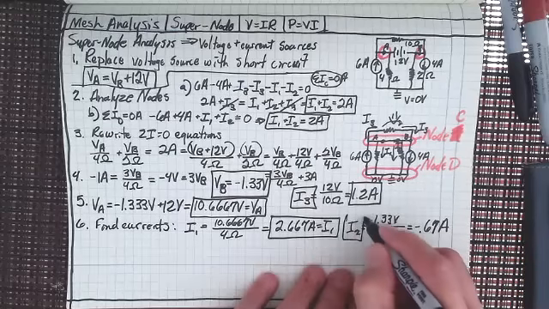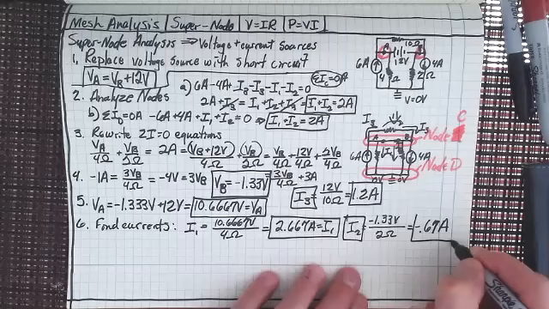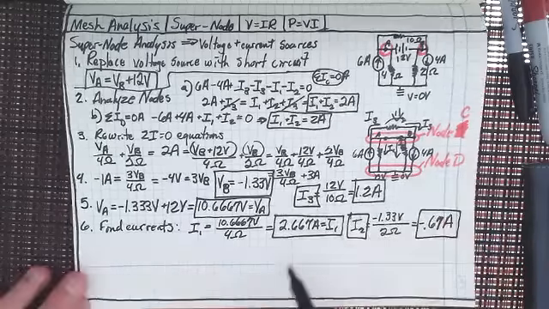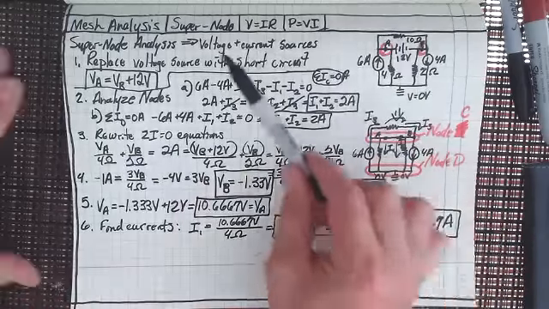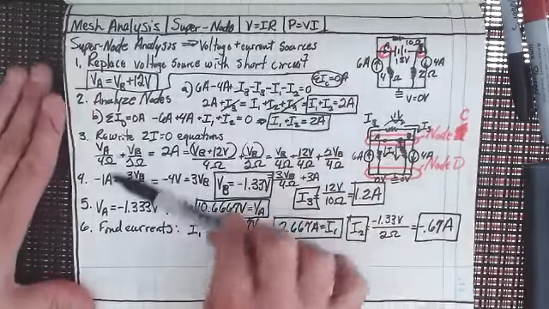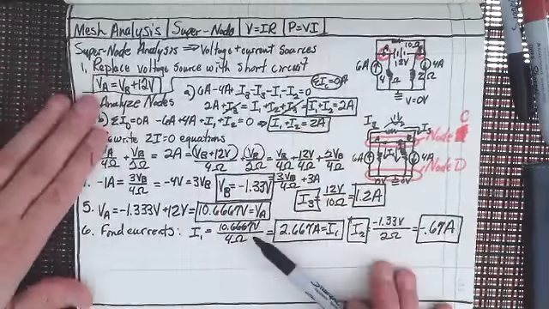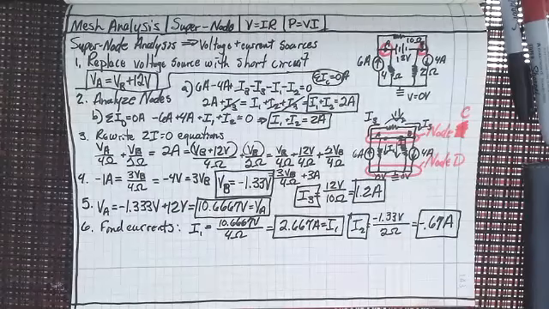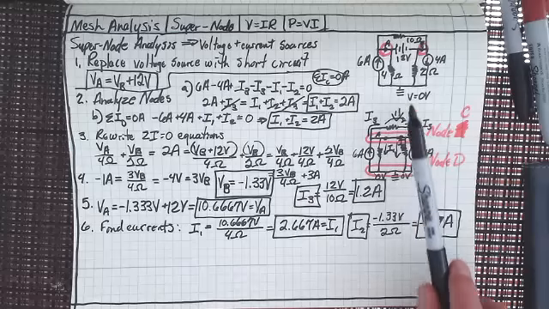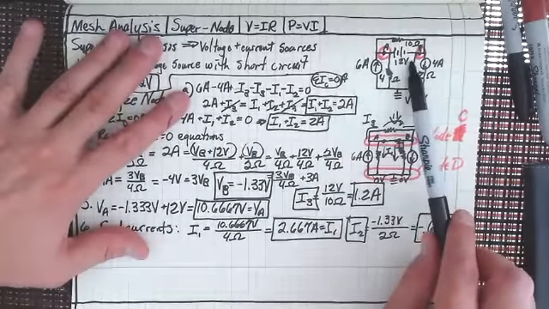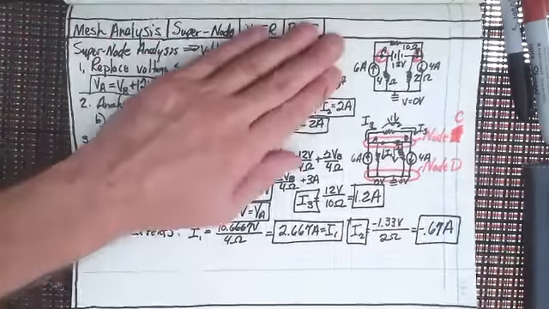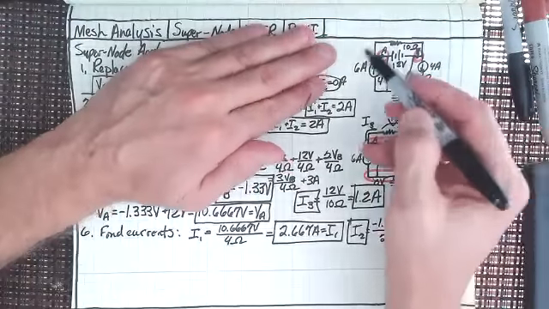Right, so I2 is minus 0.67 amps. You see how I've done this in the process? That's the process that you want to look at. You want to look at the nodes, you want to then sum through the nodes, and you can see how, when I go back to the original circuit that I've got here, I now know everything about that circuit.